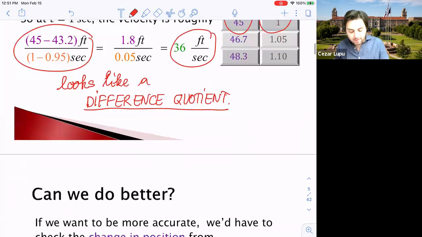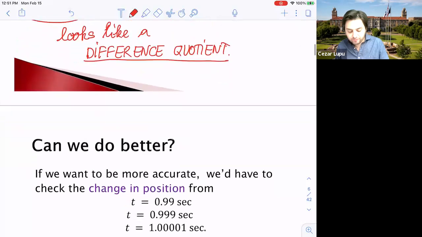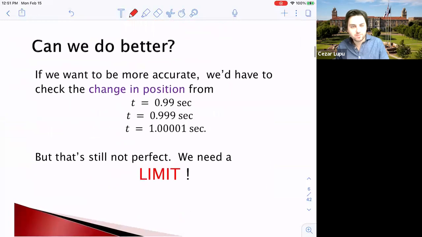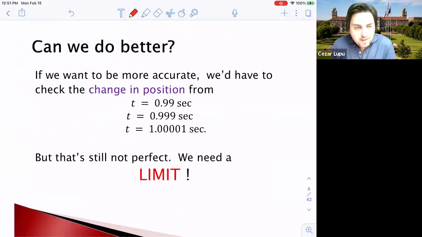Well, like I said, can we do better? Let me just divulge it. If we want to be more accurate, we would have to check the change in position from t 0.99 seconds to t 1.0001 seconds.